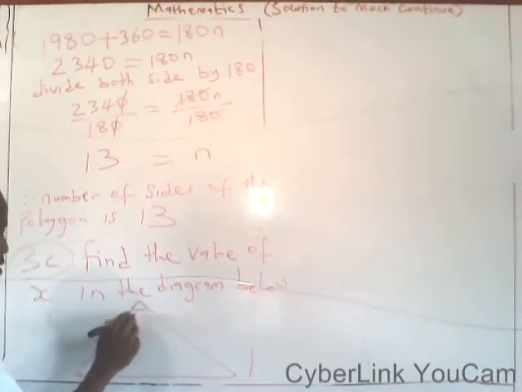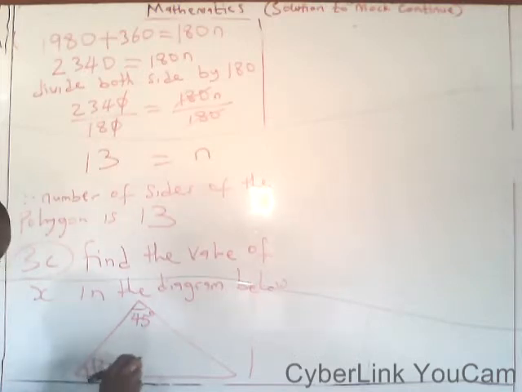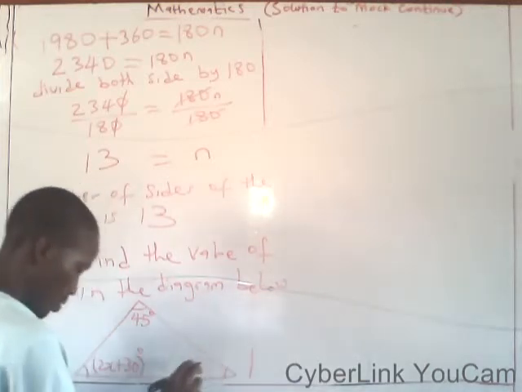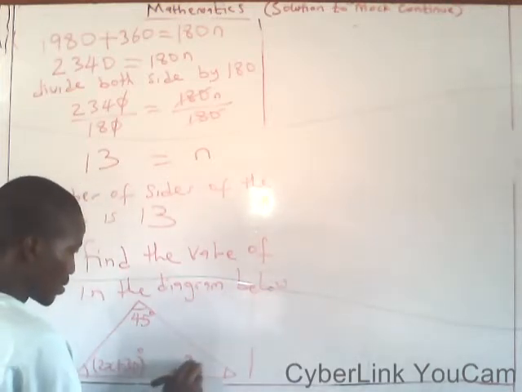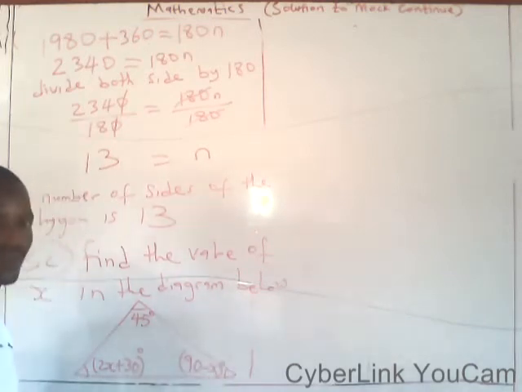They call this angle 45 degrees. This angle is 2x plus 30 degrees. We call this angle 90 minus x degrees.